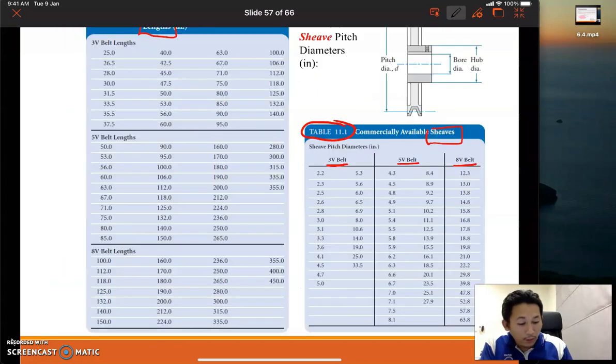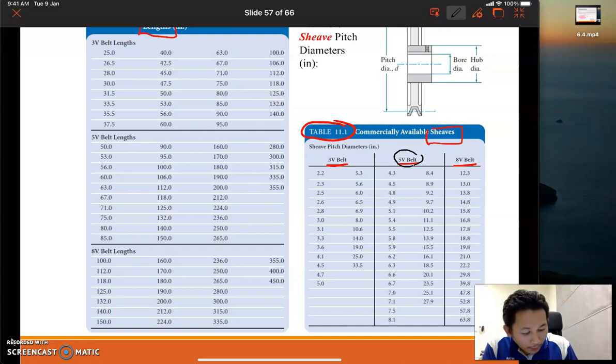Okay, so what type of belt do we use? Which type? 3V, 5V, or 8V? So from the graph, we use 5V, right? For the 1725 RPM and also 50 HP. So from the calculation, we calculate that the shaft is 9.96.